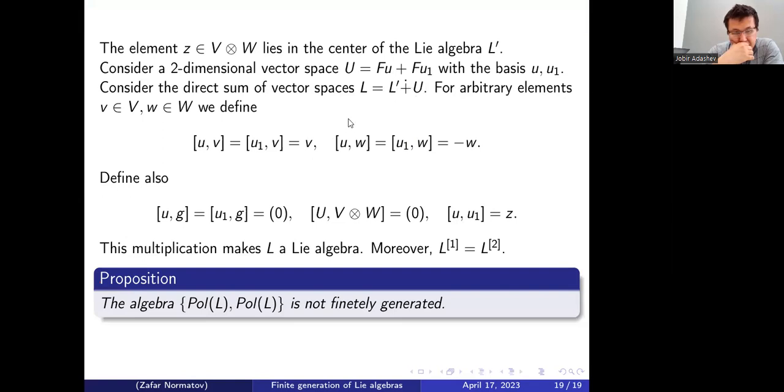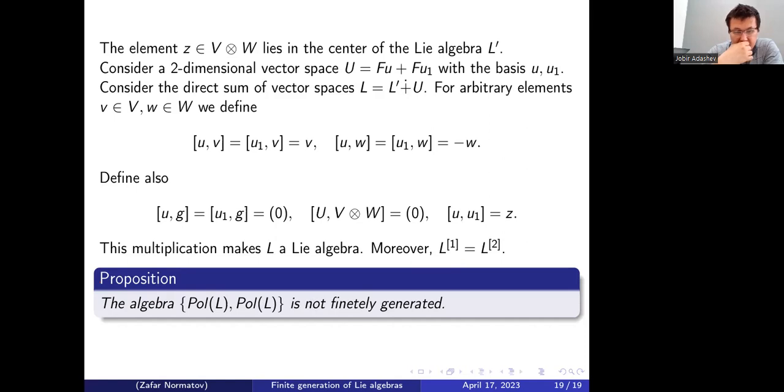They are defining the multiplication as follows, and also these brackets. By these definitions, this algebra L, the semi-direct sum of L prime and U, becomes a Lie algebra, and moreover this algebra satisfies this equality, and their final result is that this polynomial algebra is not finitely generated.